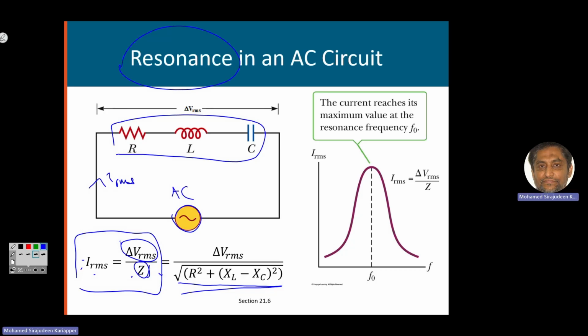What happens here, now we will change the frequency of the source. We know that XL is a function of the frequency, XC is also a function of frequency. So that tells you when you change the frequency of the AC source, the impedance will change, therefore the current will change.